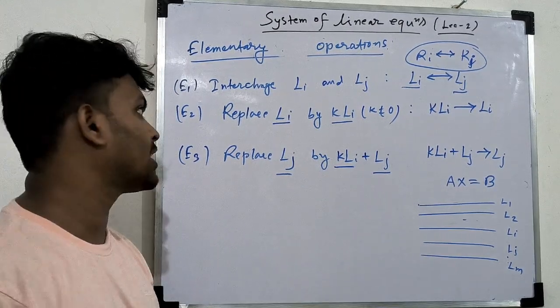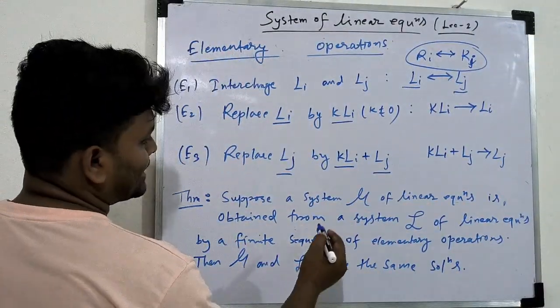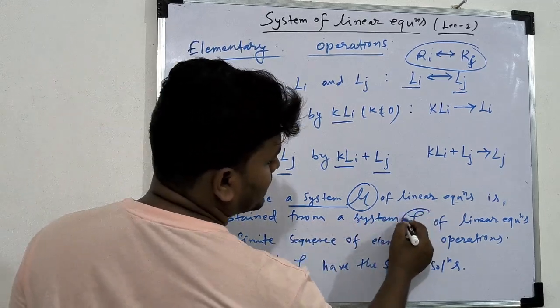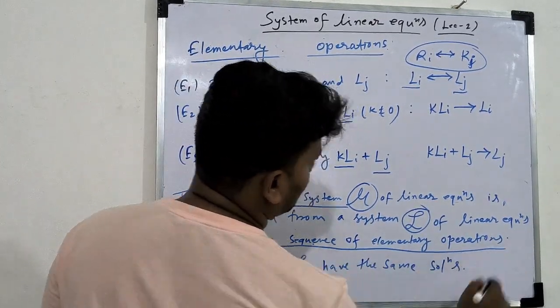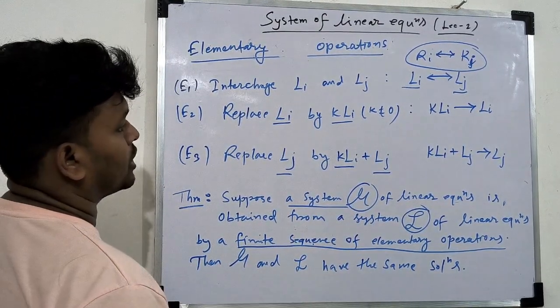There is a theorem related to this operation. Suppose a system of linear equations is obtained from another system of linear equations by a finite sequence of elementary operations, then these two systems have the same solution.